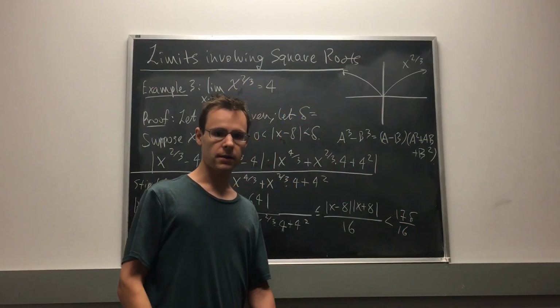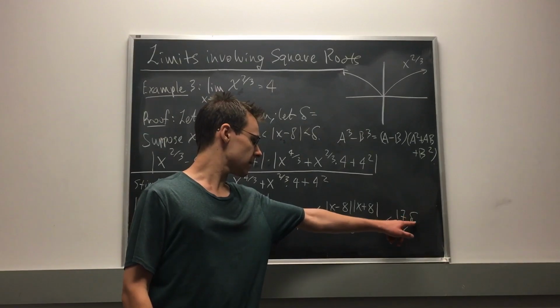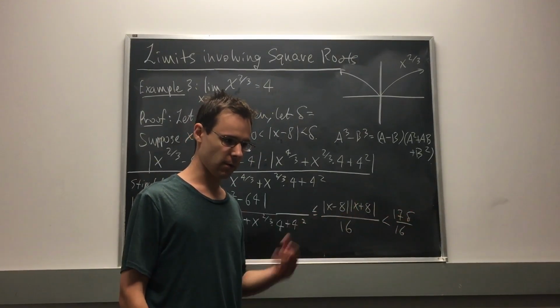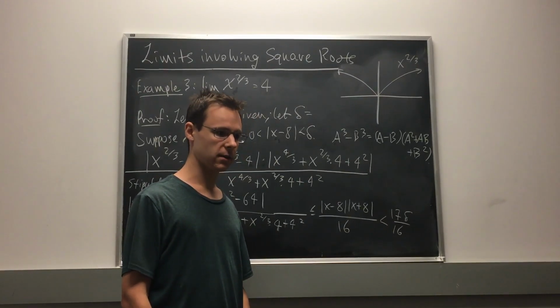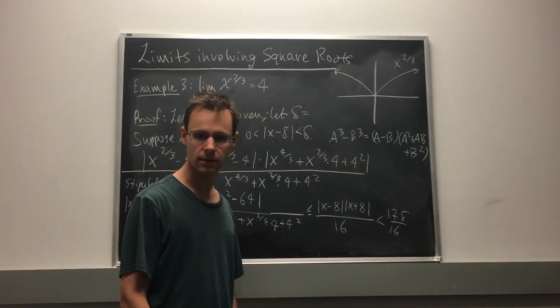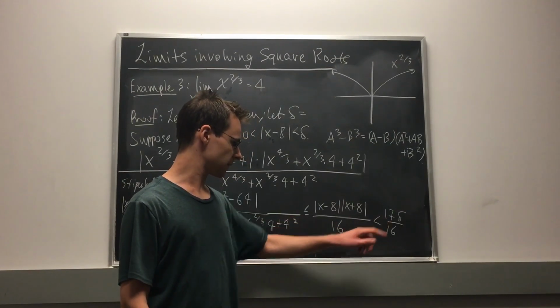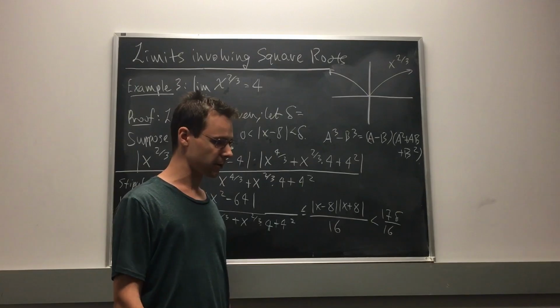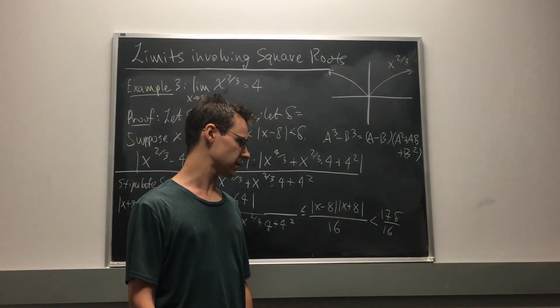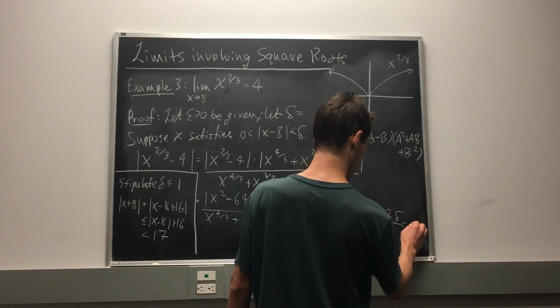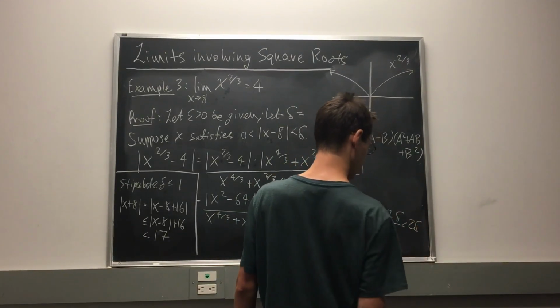okay? Now, we can let delta be now 16 over 17 times epsilon, and the proof will work, but I don't like those big numbers. I don't like 16 over 17. So, what am I going to do in this case? I'm going to notice that 17 over 16 is something that's slightly bigger than 1, so it can be replaced by a simple 2, okay? This entire thing is less than 2 times delta.